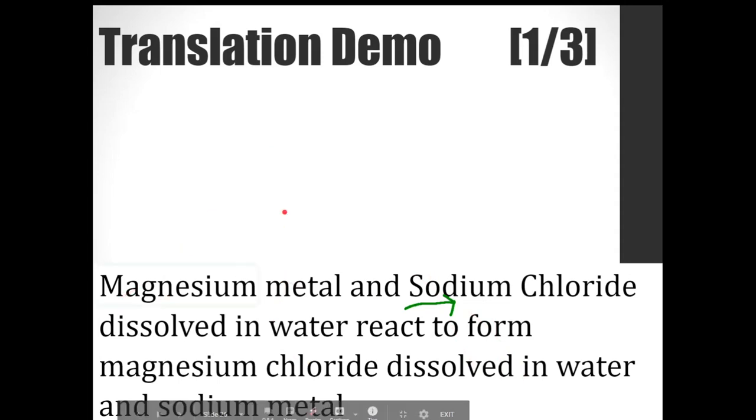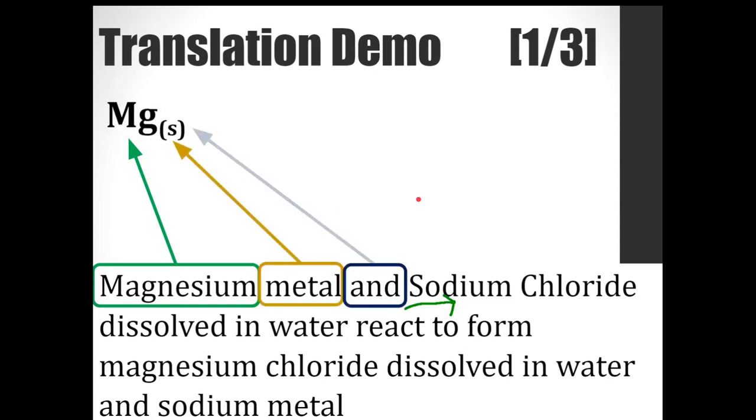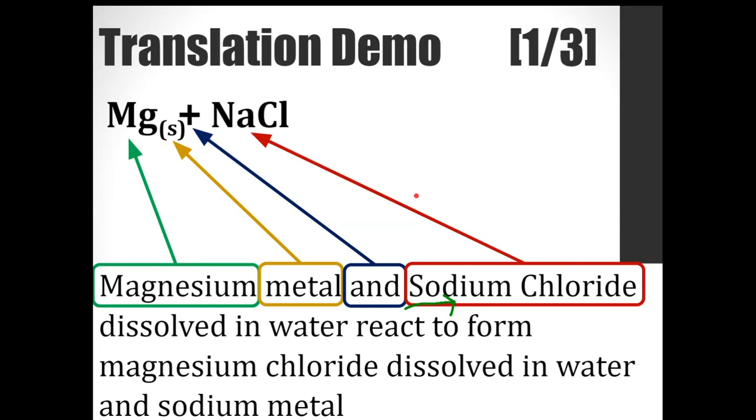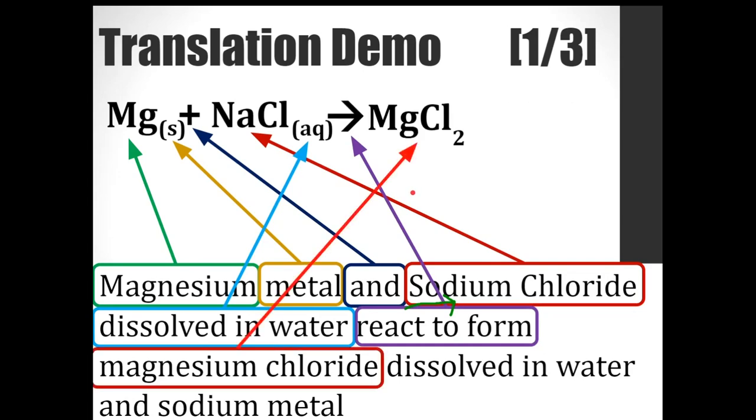So we start here with magnesium metal. Magnesium is Mg. Metal is telling us that it is a solid and is neutral. Sodium chloride is NaCl. Dissolved in water makes it aqueous. Reacts to form is just the arrow. Magnesium chloride is MgCl2. Remember your ionic compounds.